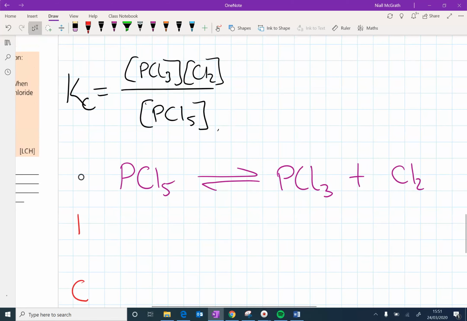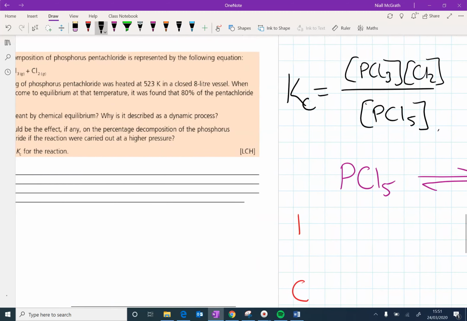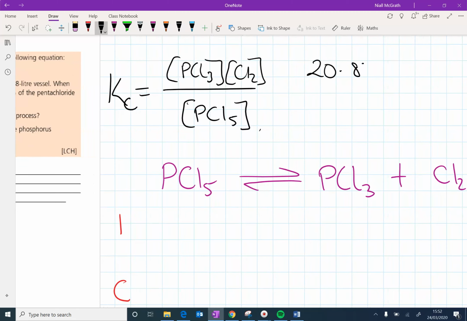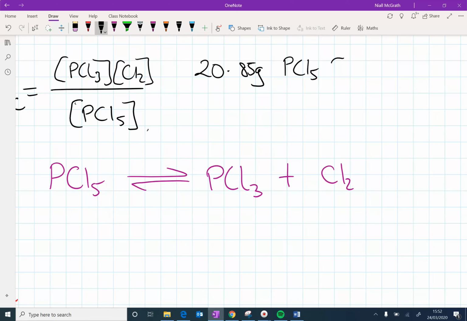Now, in our question, it told us that we have 20.85 grams of PCl5. Alright, our relative mass of PCl5 turns out to be 208.5 grams.